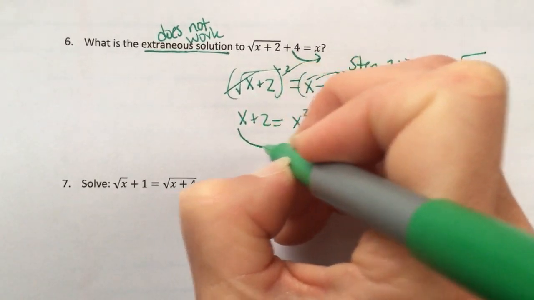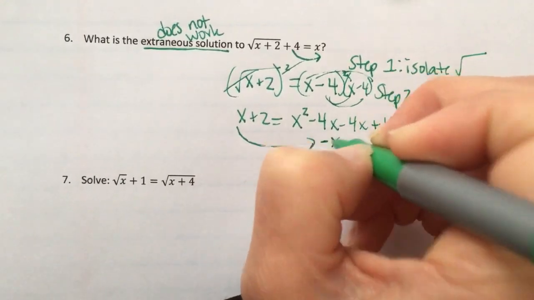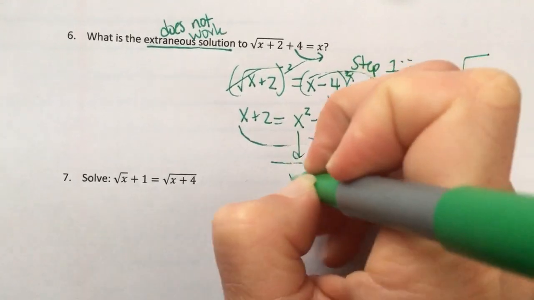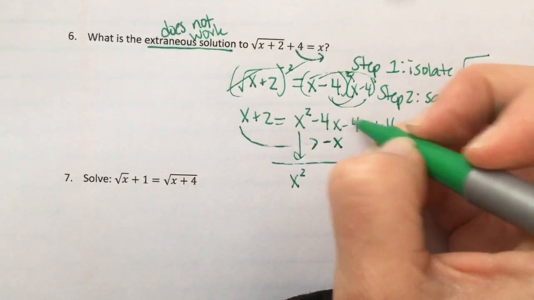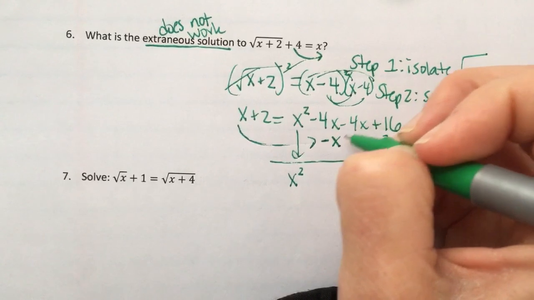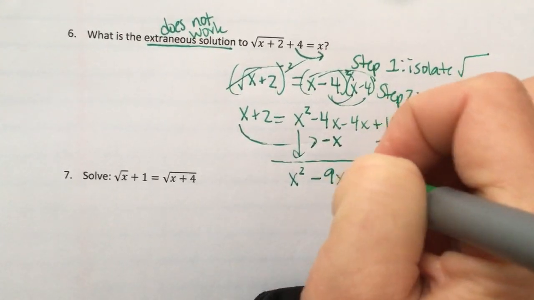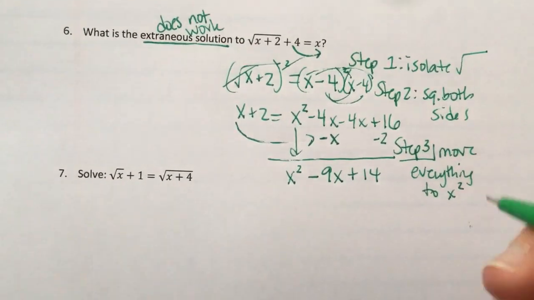So if I move x over here, I'm going to subtract x, and I'm going to subtract 2. So that leaves me with x squared. I'm going to put all the x's together. Negative 4x, and negative x gives me negative 9x. 16 minus 2 gives me 14.